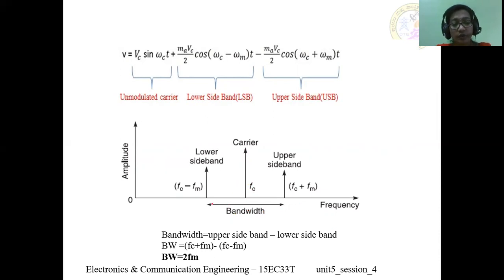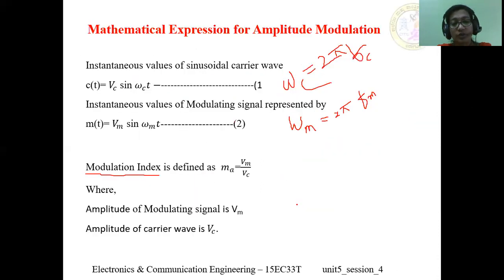Below the carrier frequency, the frequency you will get is fc minus fm, where fm is the modulating frequency. We call it the lower sideband, having an amplitude of MaVc by 2. Here the upper sideband is at the frequency fc plus fm, which also has the same amplitude.